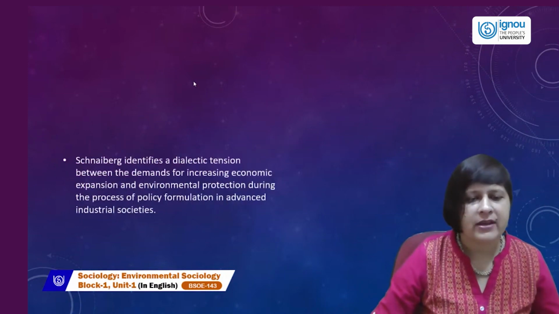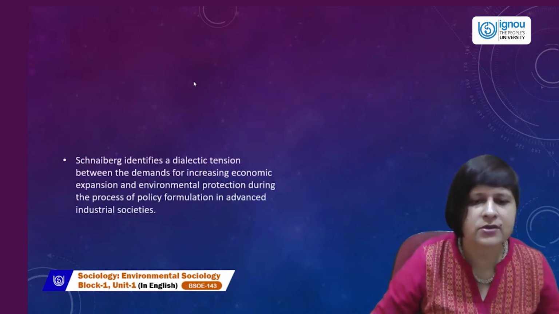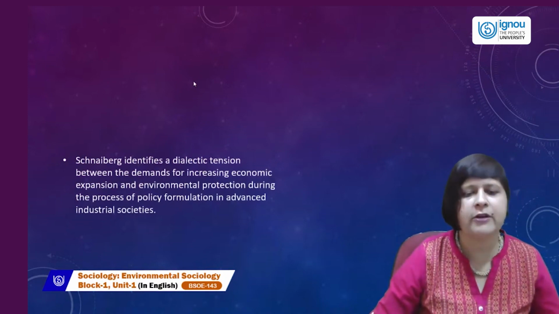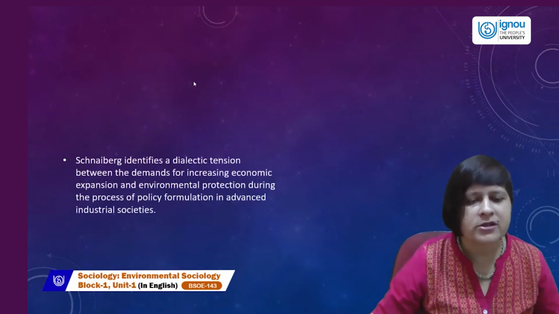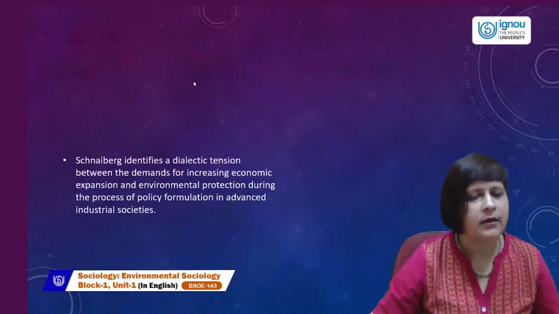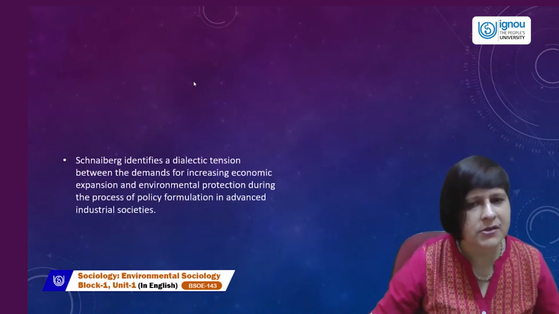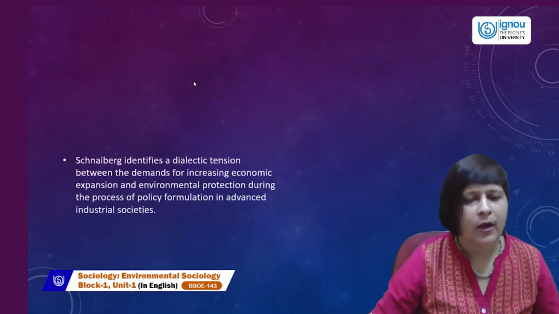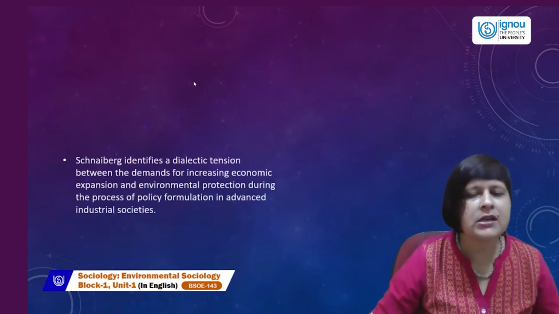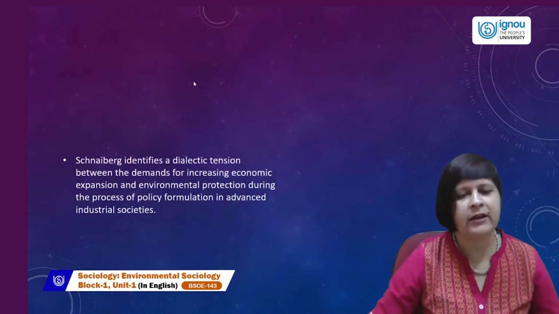He identifies a direct tension between the demands for increased economic expansion and environmental protection during the process of policy formation in advanced industrial society. So according to him, there is a requirement for policy formation about increased economic expansion and environmental protection.